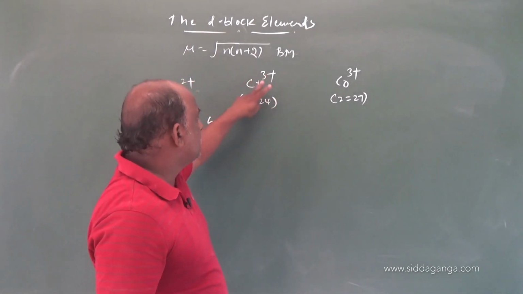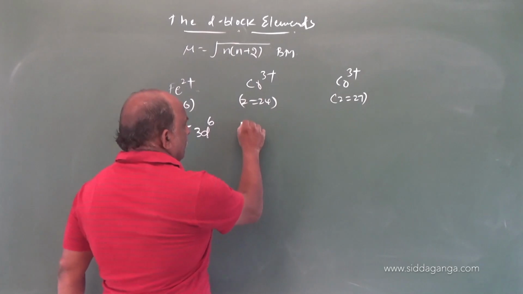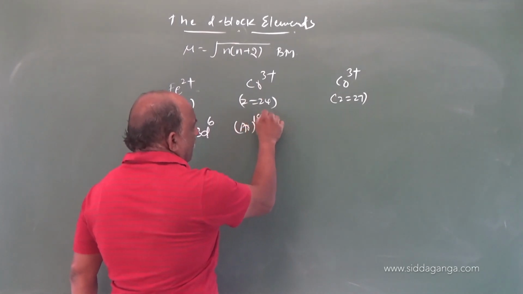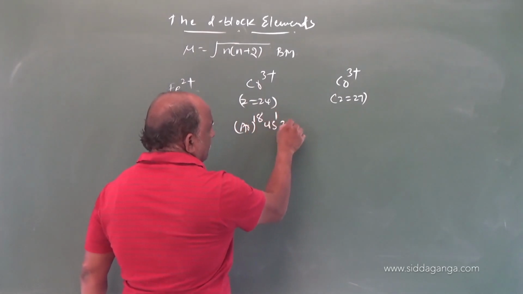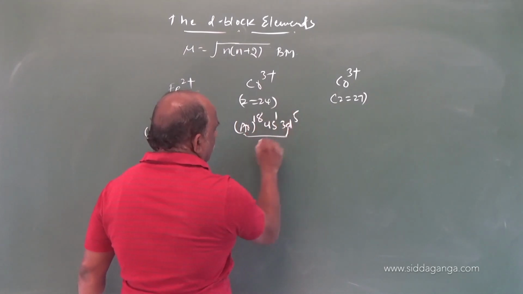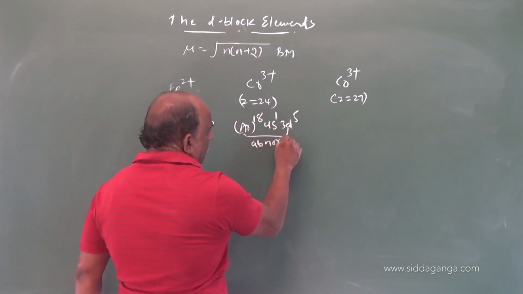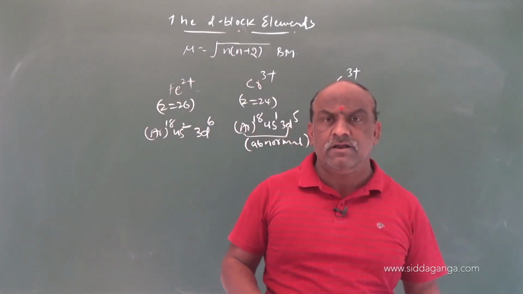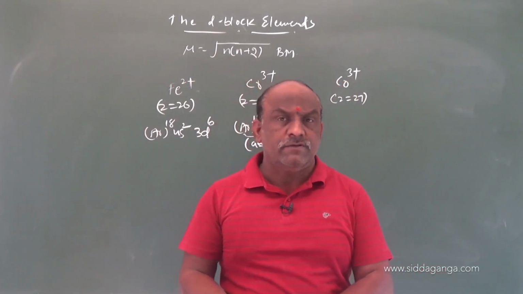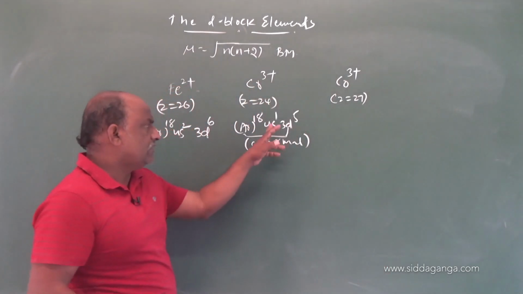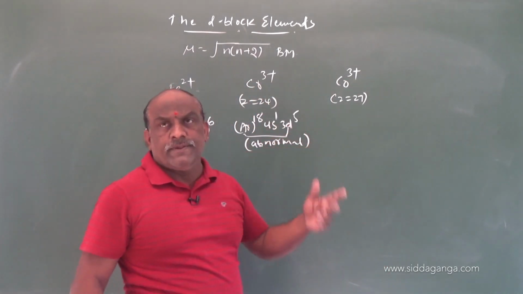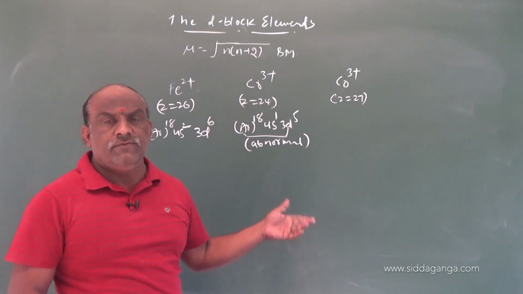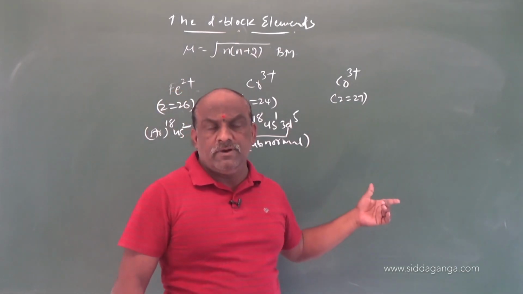Coming to the next example, chromium 3+, chromium atomic number 24, argon 4s1 3d5. You should keep in mind this is an abnormal electronic configuration. Generally we would say argon 4s2 3d4, but instead of that you should write 4s1 3d5 due to half filled and fully filled being more stable.